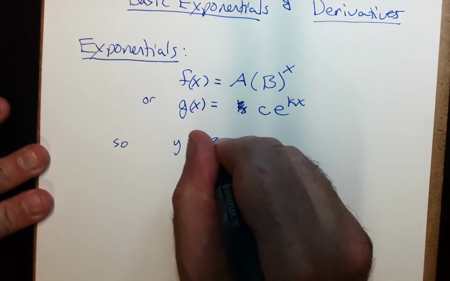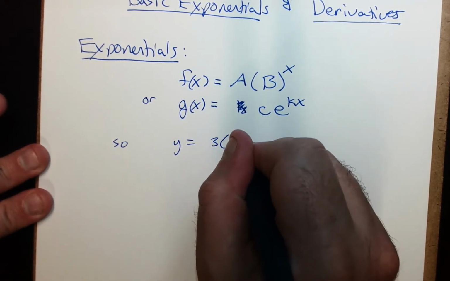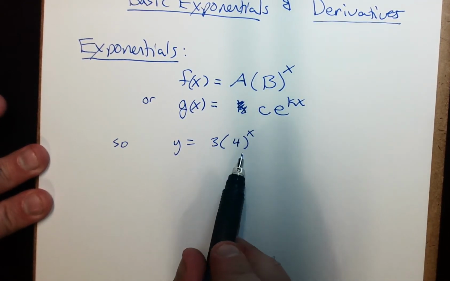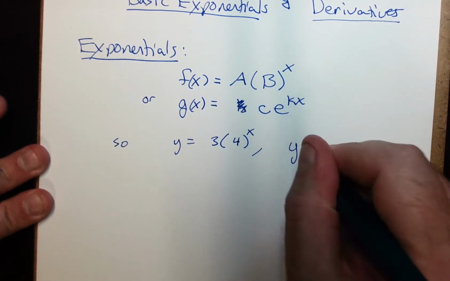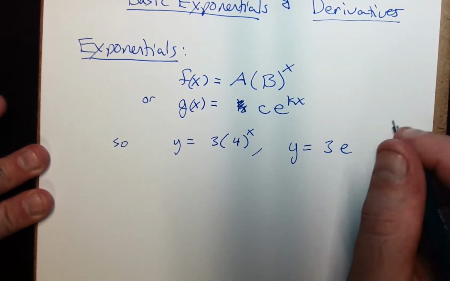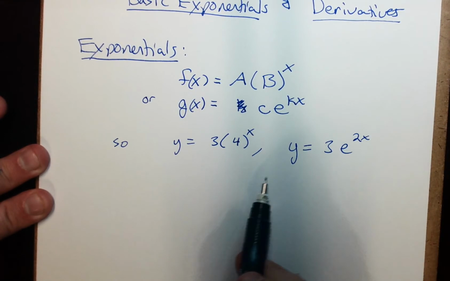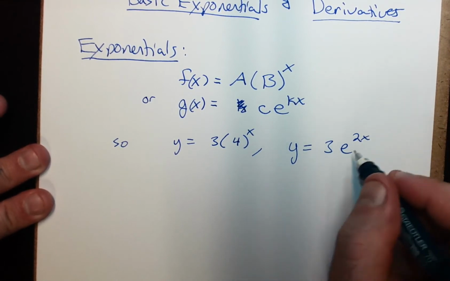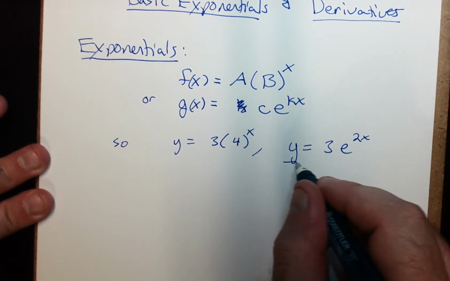This is an exponential function. Or you could write them as, let's say, c e to the kx, something like that. The exact names for the constants don't matter. You could write them this way or this way. They're equivalent, so it doesn't really matter.